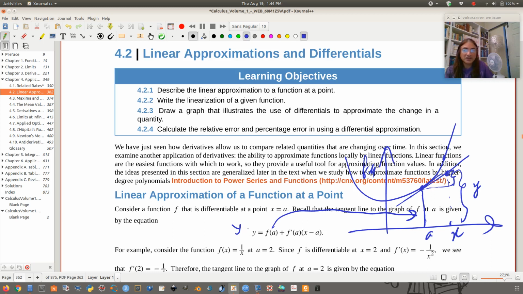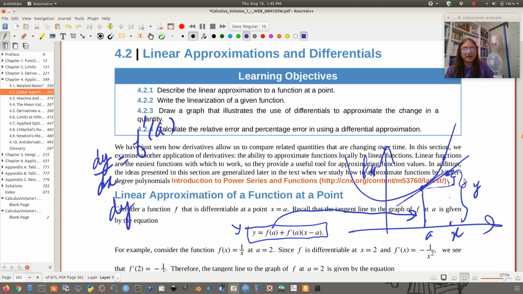In fact, this is the equation of the tangent line, y, this height, as a function of x. But it's given as this height f of a plus the derivative of f at a times the change in x. We could also say that we have dy over dx as f prime at a.